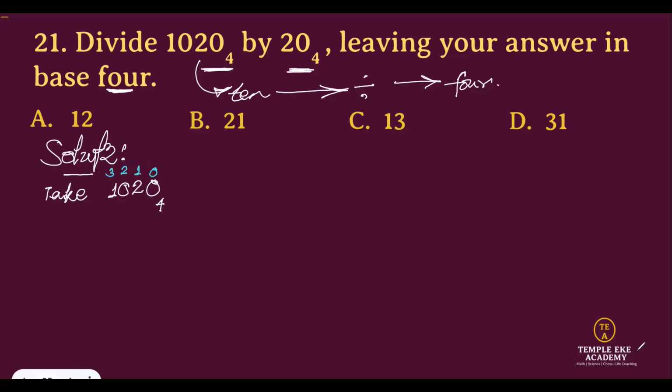And that is going to give us, each digit will be taking 1, the first digit, multiplied by the base, which is 4, to the power of the exponent written on it, which is 3, right there. And now plus the next digit. But wait a minute, we can see 0 there.